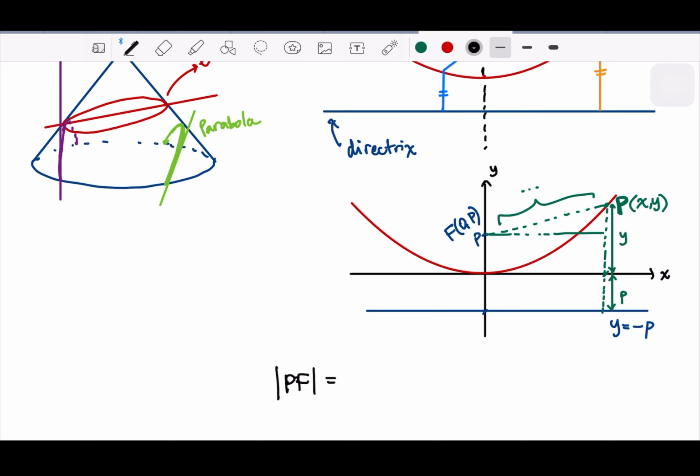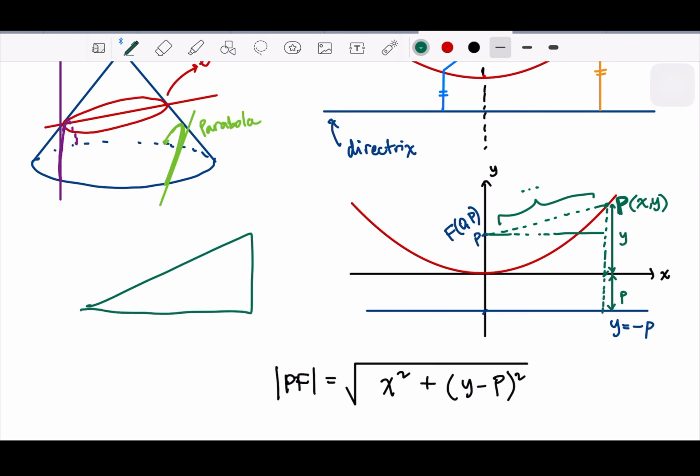This will be, by Pythagoras, the square root of x squared plus (y minus p) squared. Let me just write the triangle. So this is x and this is y minus p, right? This is also p here.